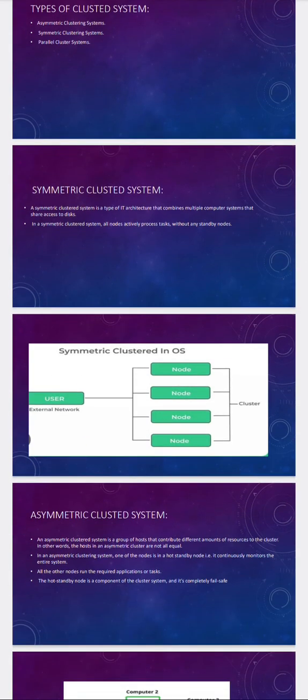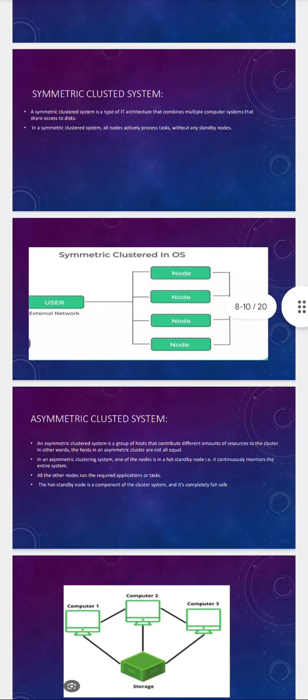Asymmetric clustered system. An asymmetric clustered system is a group of hosts that contribute different amounts of resources to the cluster. In other words, the hosts in an asymmetric cluster are not all equal. In this clustering system, one of the nodes is the hot standby node, which continuously monitors the entire system, whereas in a symmetric cluster every node acts as a host.